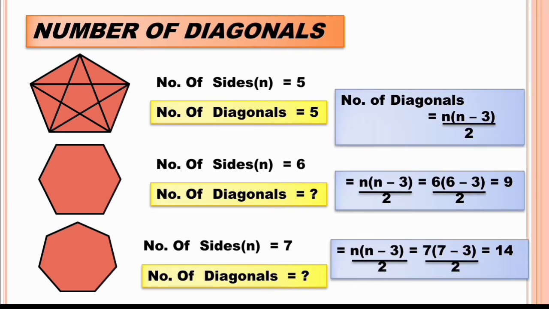Now in the same formula we will substitute n equal to 7, and we will get 7 into 7 minus 3 upon 2, and after simplification we will get 14. It means in a heptagon there are 14 diagonals. So students, this formula is very helpful for finding the number of diagonals of a polygon without drawing the diagonals.